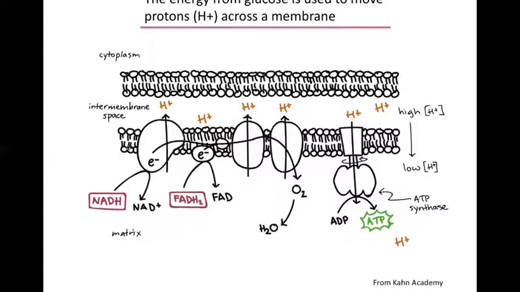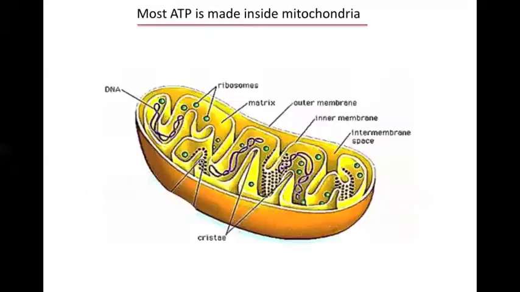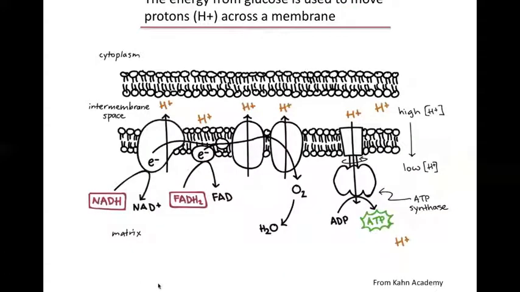And then inside these internal membranes is another space in here. Let me just make this clear. So you've got the external membrane, the intermembrane space, and then the deep inside in here. All right.